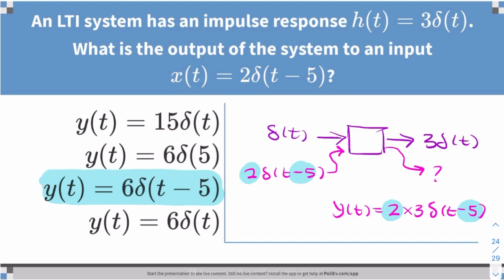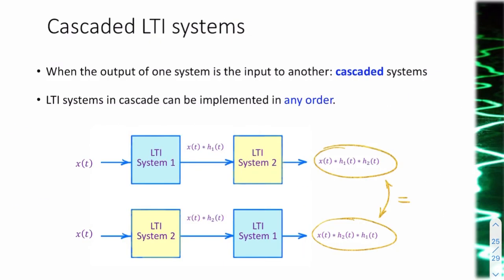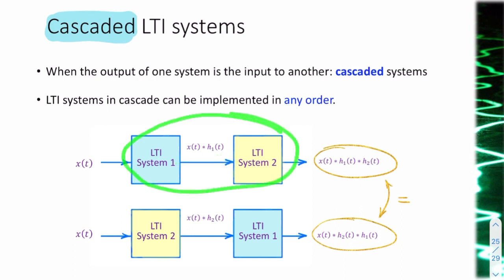So last thing for today's lecture is what happens when we cascade LTI systems. What do I mean by cascading LTI systems? It means arranging more than one LTI system such that the input for one is the output of the other. So one feeds into the other. So this is called a cascaded system.